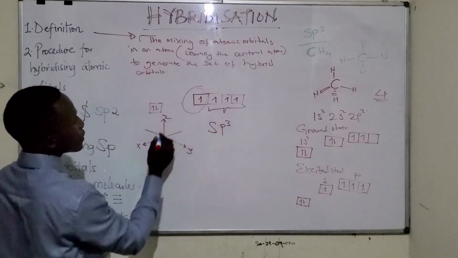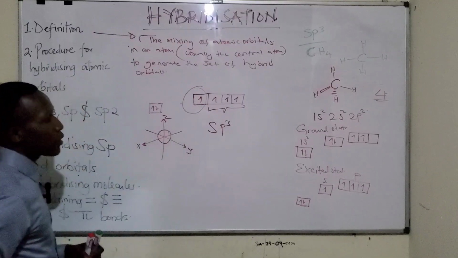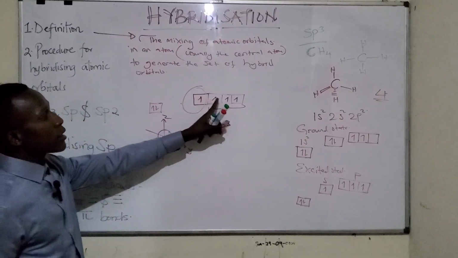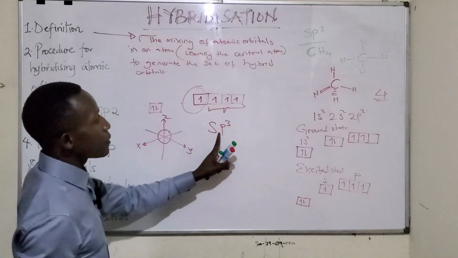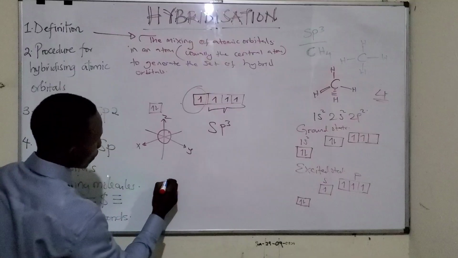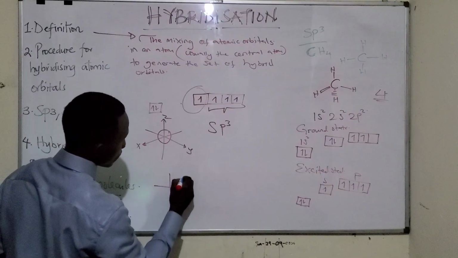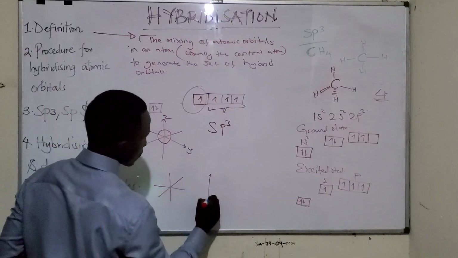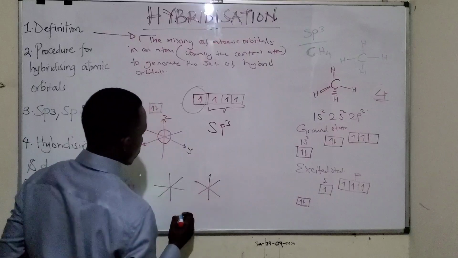So for the s, we have this orientation, and we are having 3 for the p orbital. First we have 3 of them, so we shall have p3.